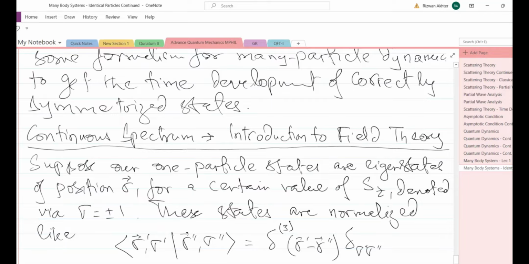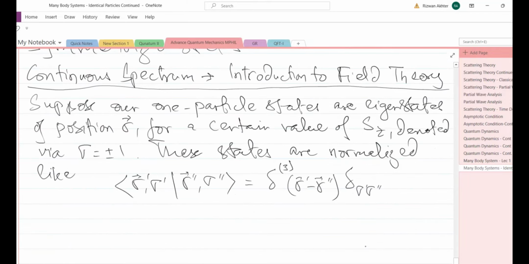Then we can postulate creation and annihilation operators defined at continuous values of R. So we would say that the creation and annihilation operators act in such a way that, for the continuous values of R, they create or destroy, obviously, for the annihilation operator, particles of correct symmetry.